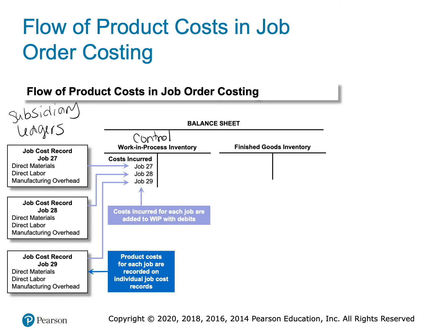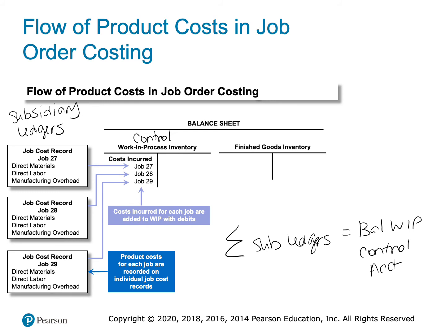So if I want to know the balance in work in process, I would add up all of the job cost sheets. So the sum of the subsidiary ledgers equals the balance, the total in the work in process control account.